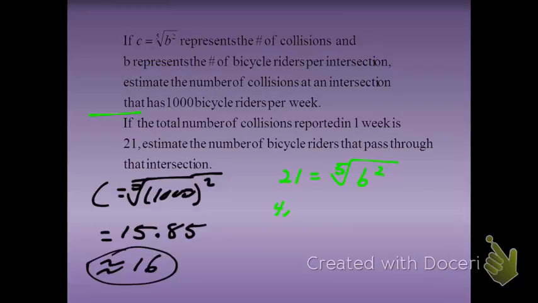So that gives you 4,084,101 equaling b squared, and then you take the square root of that, which gives you about 2,021 to equal b. So just to recap, over here, plug them in, square 1,000, take the fifth root of it. Over here, on this one, take a fifth power of both sides to get rid of the fifth root, and then take a square root to get rid of this square power.